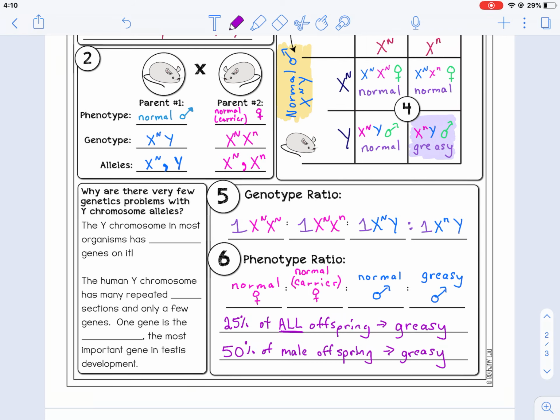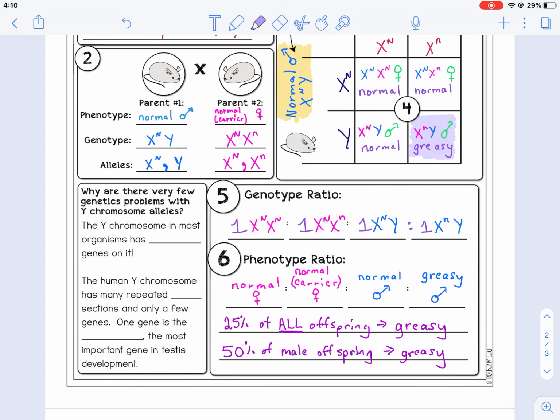Notice that explanation does not account for all of the boxes, okay? 75% of all of the offspring would be normal furred. I didn't write that on the explanation here.